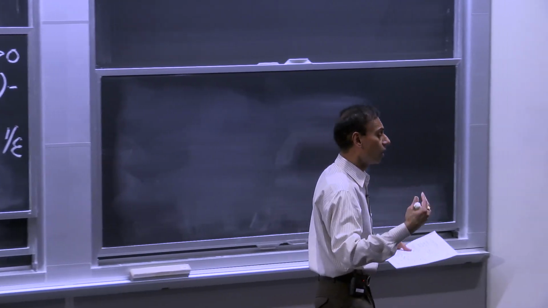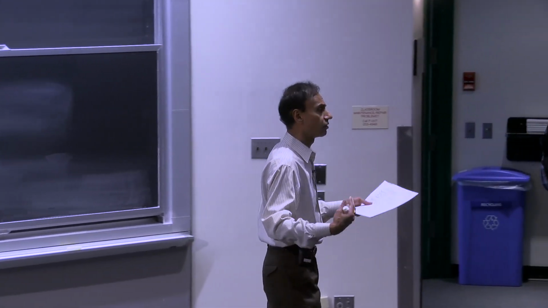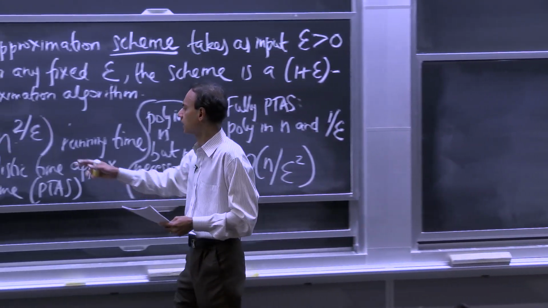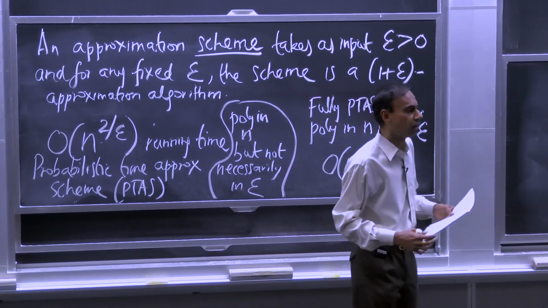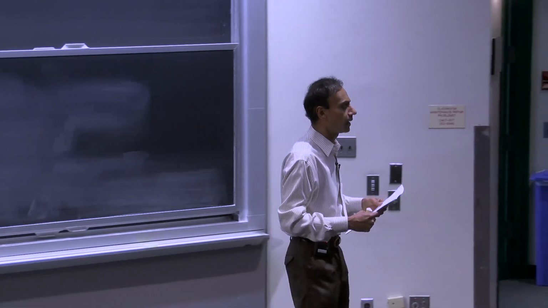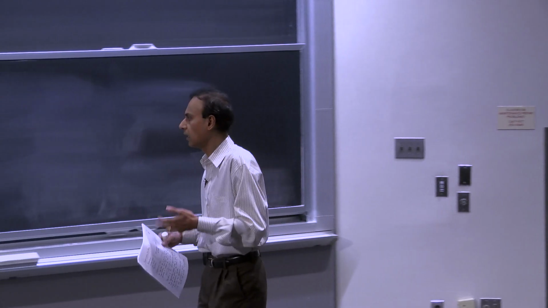So as epsilon shrinks, obviously the runtime is going to grow because you have 1 over epsilon squared, but it's not anywhere as bad as the n raised to 2 divided by epsilon in terms of its growth rate. So there are lots of NP-complete problems that have PTASes, and some of them have FPTASes as well, and so on and so forth.